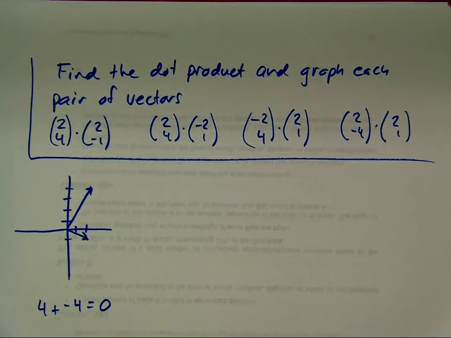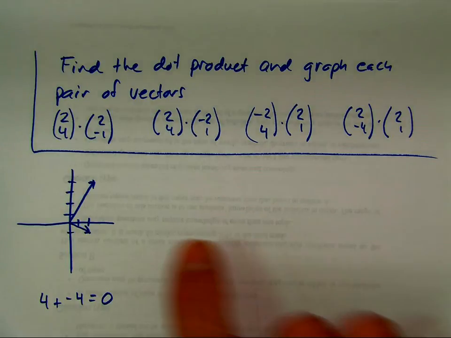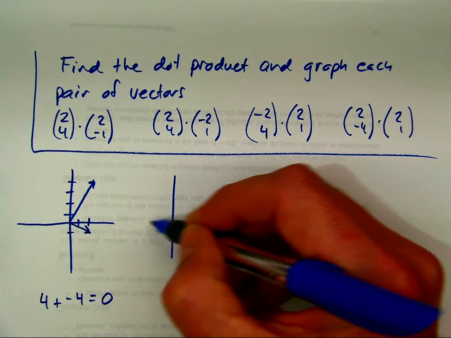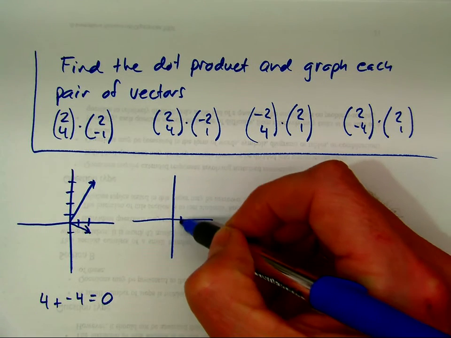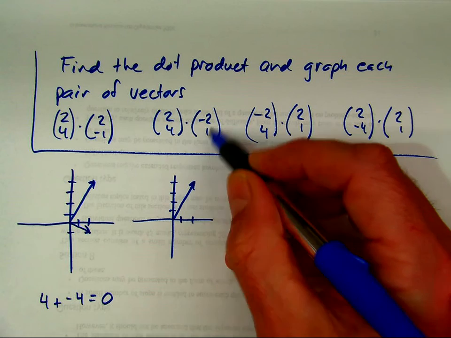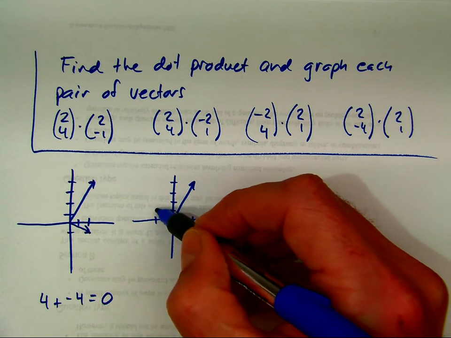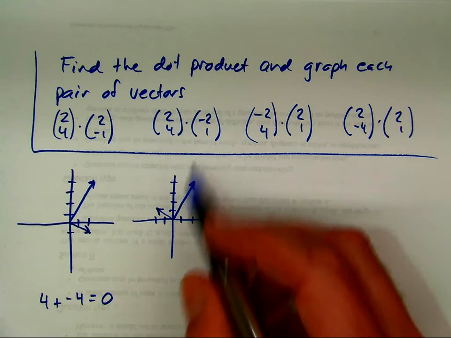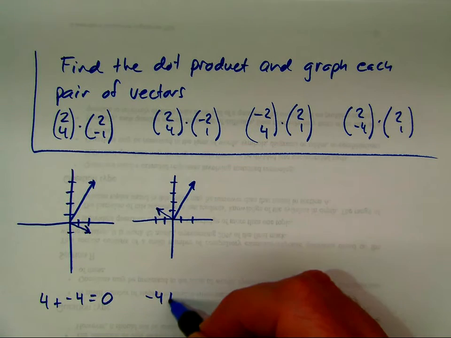Okay, pause the video and do the same thing for the next 3 and see what conclusion you can make about these dot products. Over 2, 1, 2, 3, 4, up 4, negative 2, up 1. If we do the dot product, we have negative 4 plus 4.